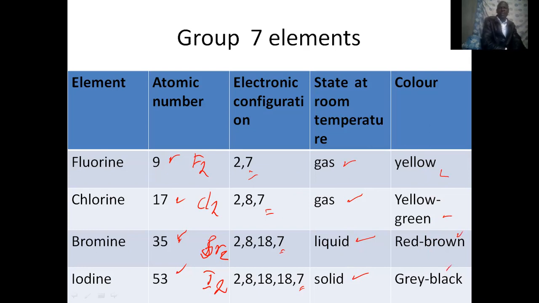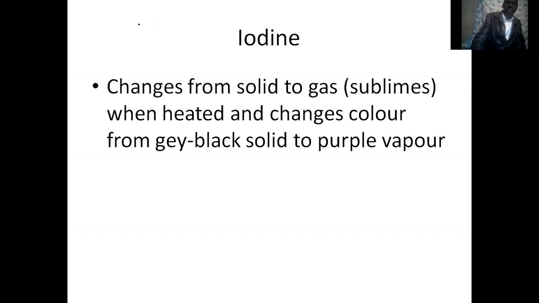These are very important physical properties we need to know, because they are at times asked in examinations, to know whether you know the state in which each of these elements occurs at room temperature, as well as the color. So this is what I really wanted to state.